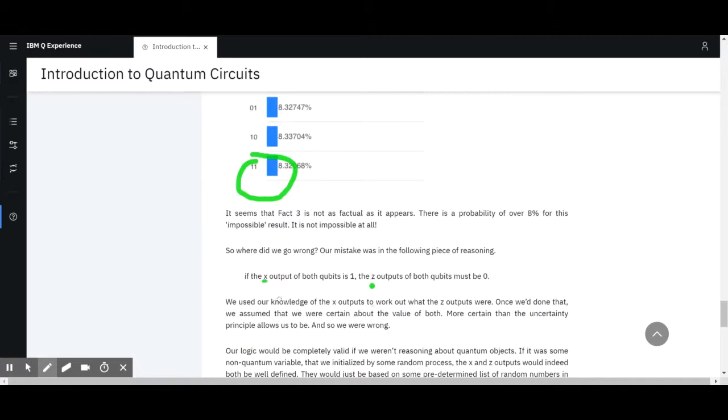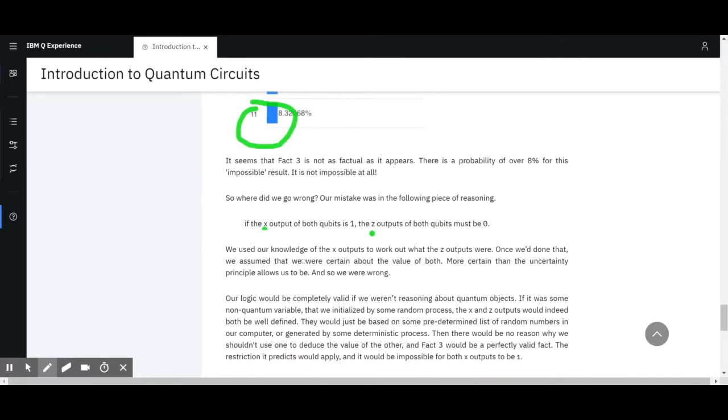So what this is saying is that the uncertainty that you have in one place is independent from the certainty in the other one. And I think that's one of the weird things about the quantum world in this sense.